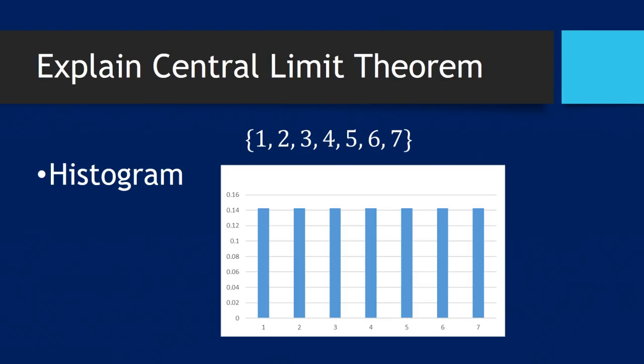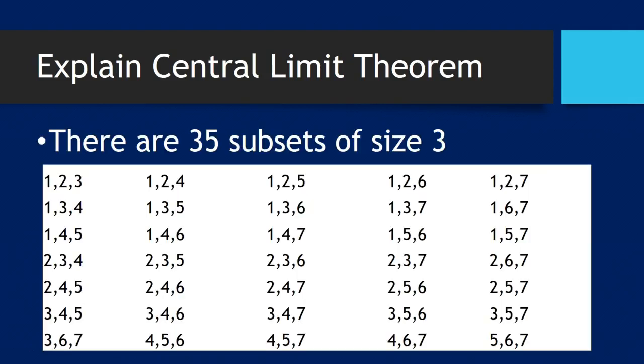If I pick a number at random from that set, every single number has a 1 in 7 chance of being picked. So if I create the relative histogram, it's completely flat. So obviously, it's not normal.